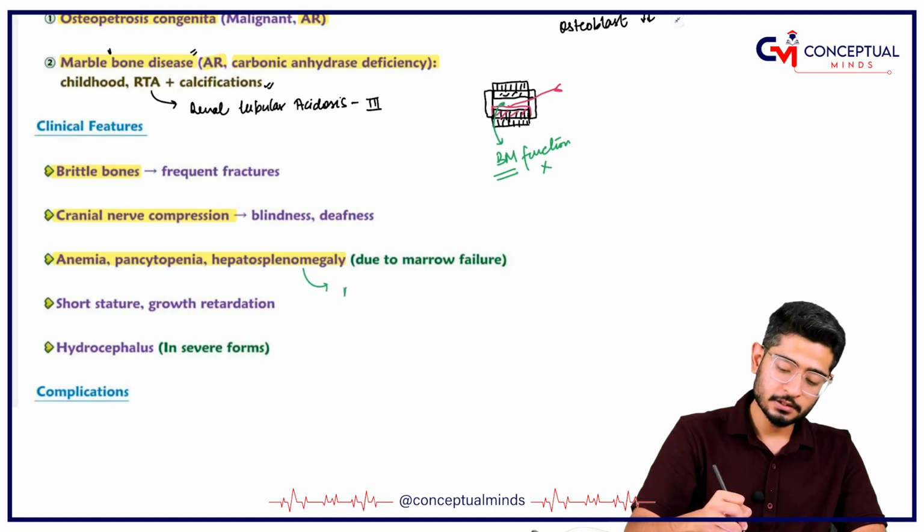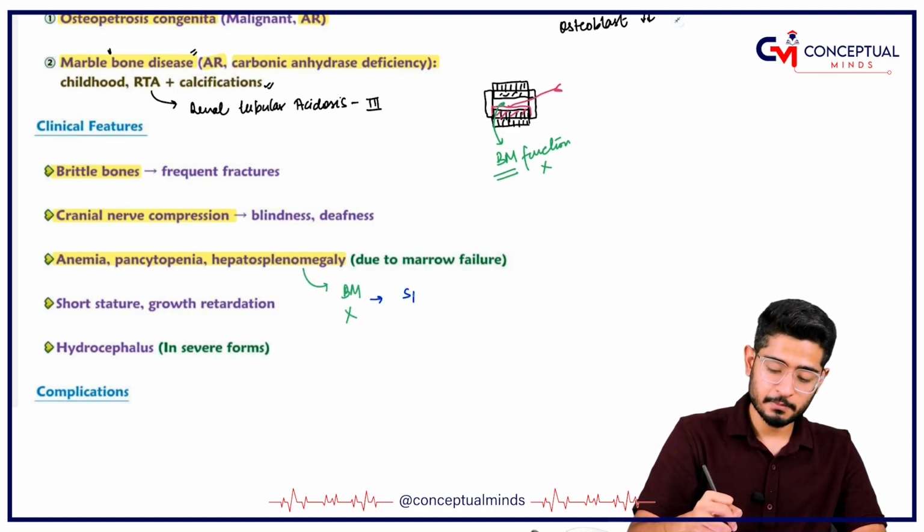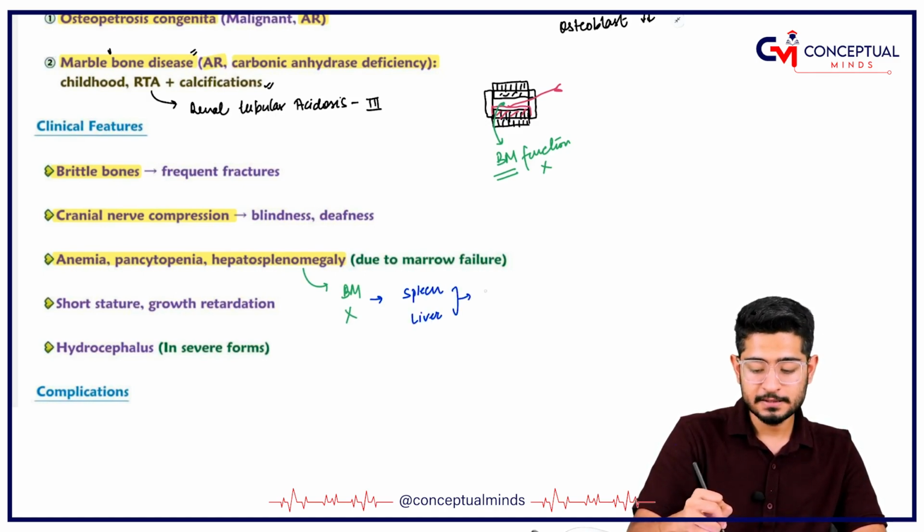Why? Because the bone marrow is not functioning. This function is taken care of by the spleen and the liver. Okay, so liver and spleen will have the erythropoiesis.